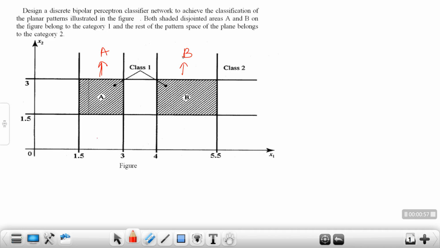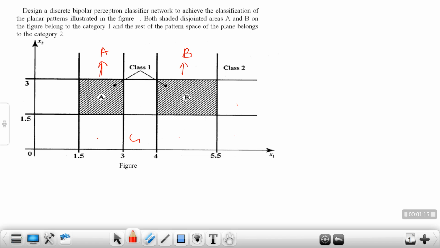And if the point lies anywhere outside these regions, then those points belong to class 2. So we need to design a classifier using a bipolar discrete perceptron which will do this classification.